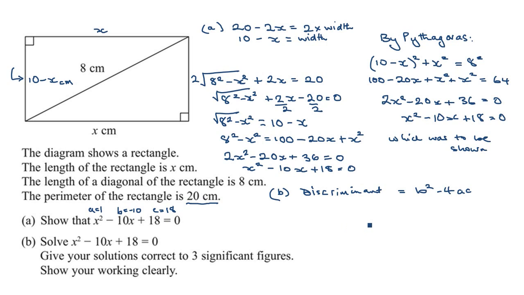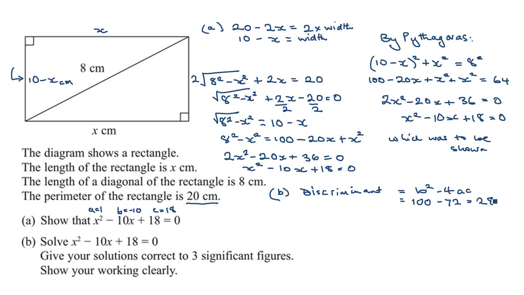So the discriminant equals b squared, well that's 100, minus 4 times 1 times 18, well that's going to be 4 times 18, so that's 72, which gives me a discriminant value of 28.